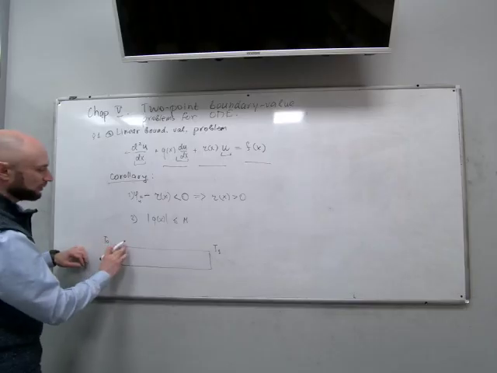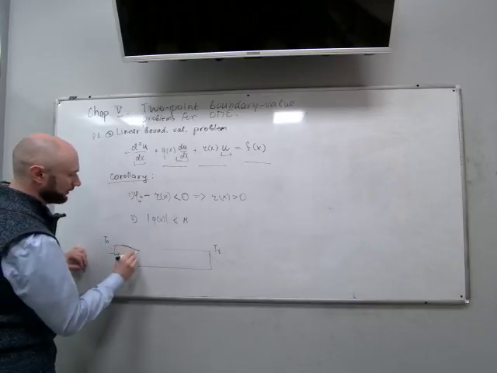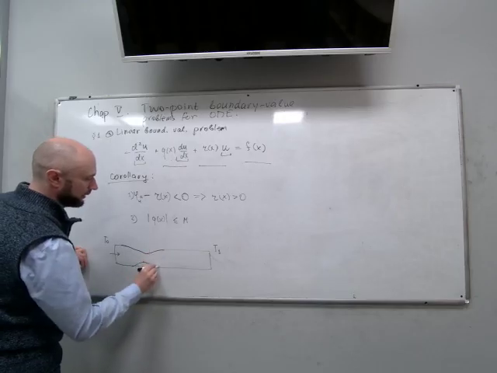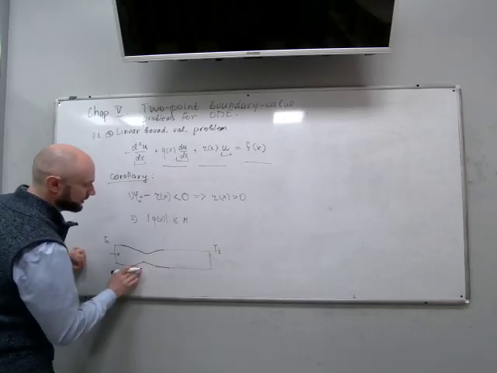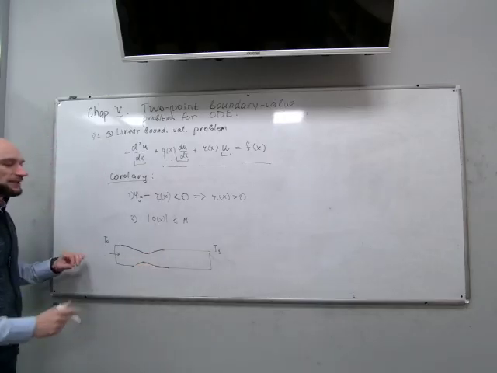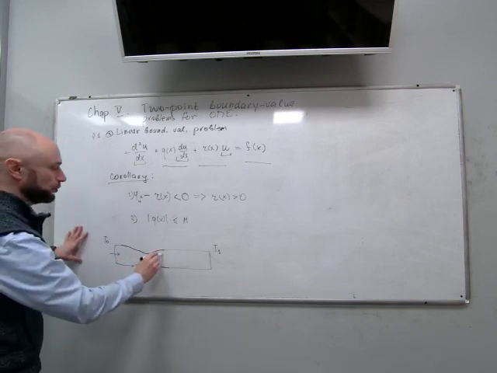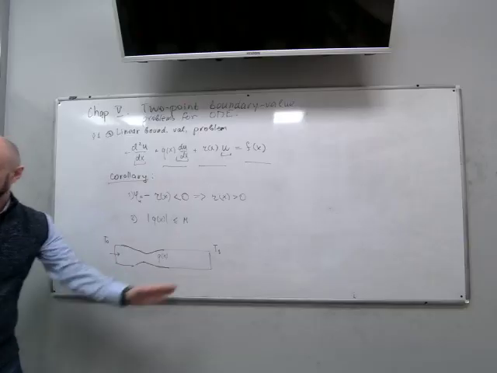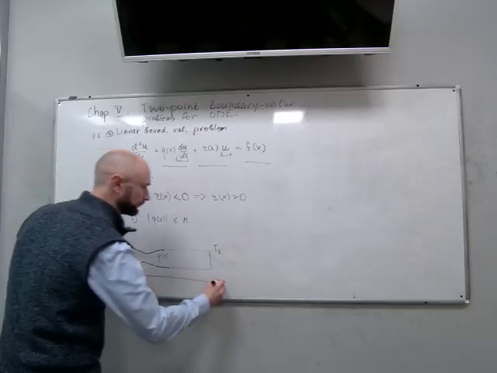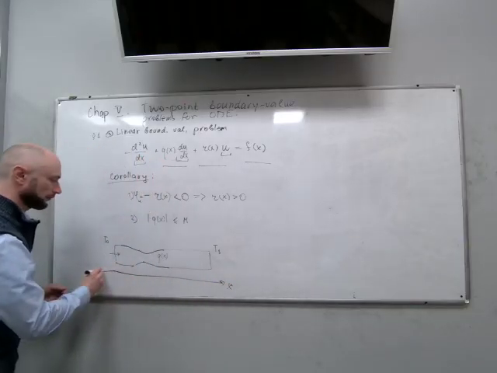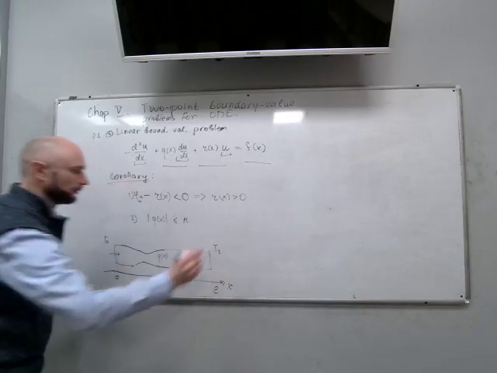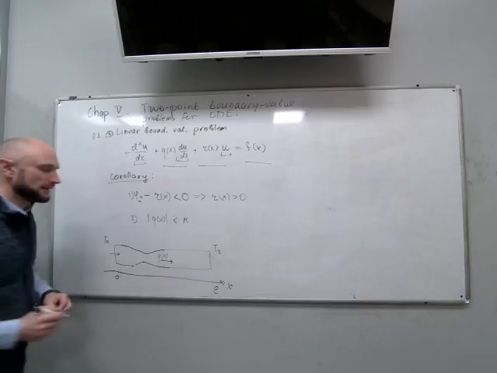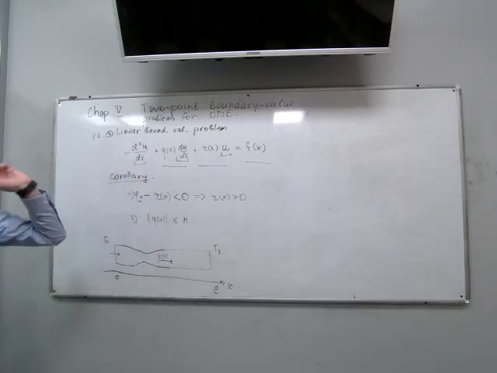The pipe can have a non-uniform shape, narrower or wider at some points. This is why this velocity q of x depends on x. So this q has the meaning of velocity.